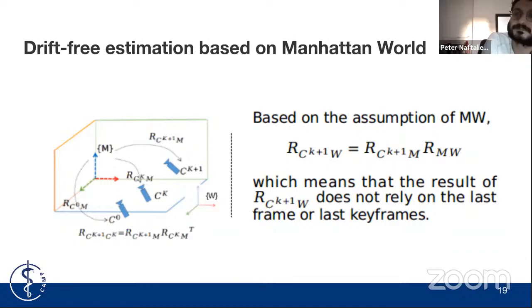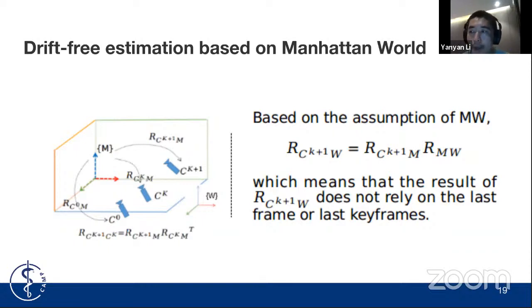Why can we say that? You can give a very bad rotation as the initial pose.